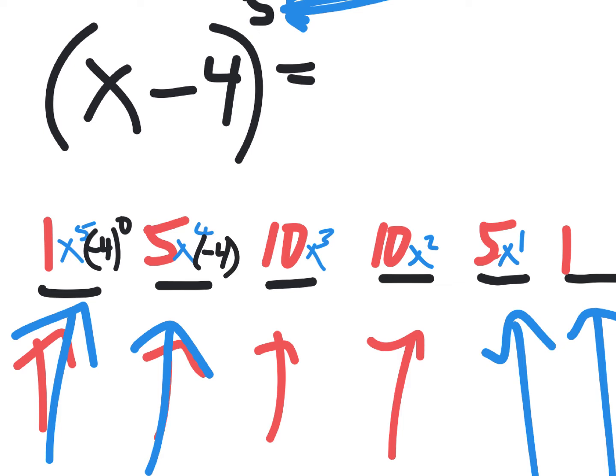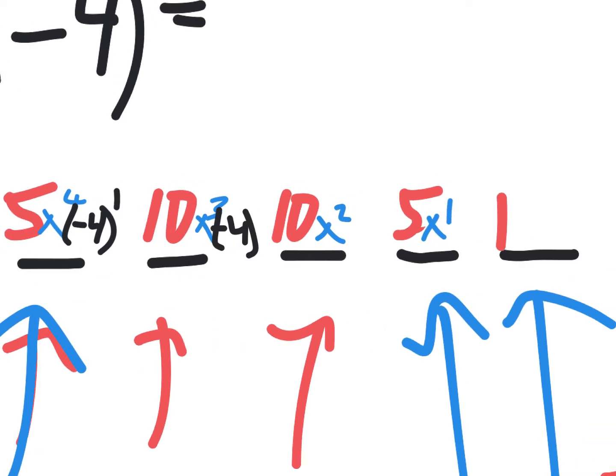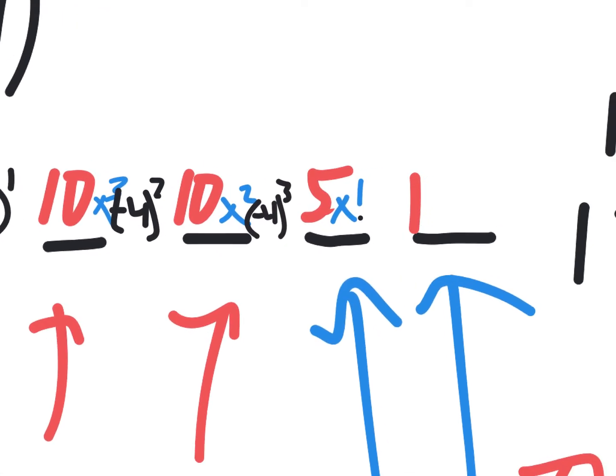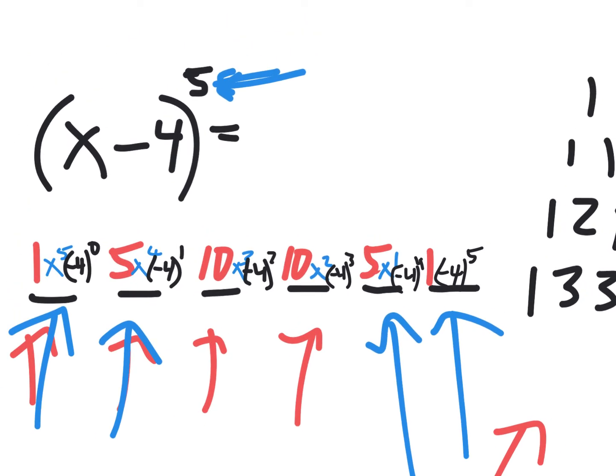Just negative 4. Oh, to the first. Okay, and then negative 4 to the second, negative 4 to the third, negative 4 to the fourth, and negative 4 to the fifth. Okay, numbers get kind of big there at the end.